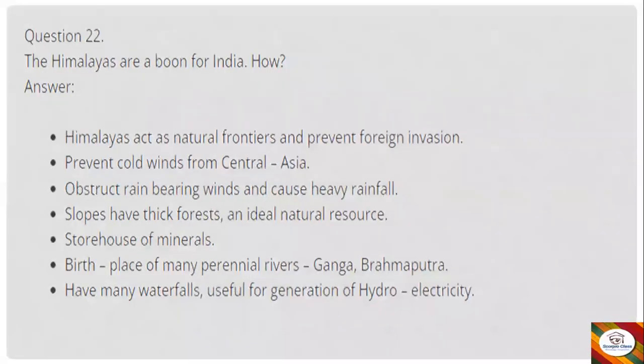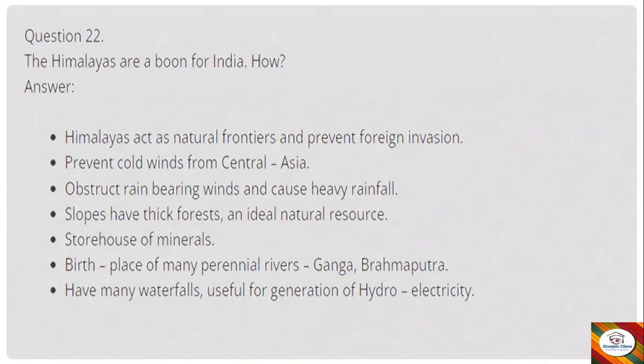Next question 22. The Himalayas are a boon for India. How? Answer: Himalayas act as a natural frontier and prevent foreign invasion, prevent cold winds from Central Asia, obstruct rain-bearing winds and cause heavy rainfall. Slopes have thick forests and ideal natural resource.